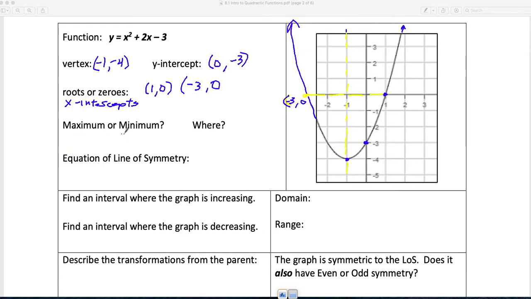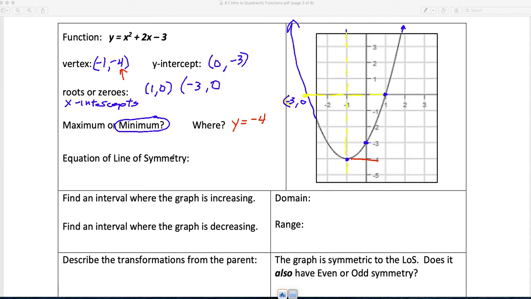Okay, do we have a maximum or minimum? Well, it's the lowest point, so it is a minimum, so I'm going to circle that. Where is my minimum? It is not the entire vertex. My minimum is just this y value, the lowest point, and that y value right there is y equals -4. It's the y coordinate of the vertex.